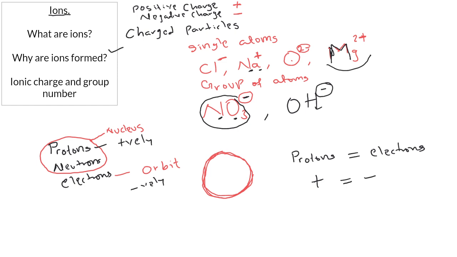If the number of protons is more than the number of electrons, the atom is no longer neutral. The same thing goes for the electron: if the number of electrons is more than the number of protons, the atom is also no longer neutral. Now, if you understand this, I'm so happy.